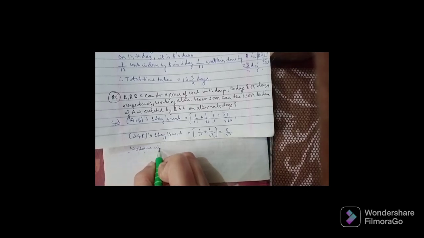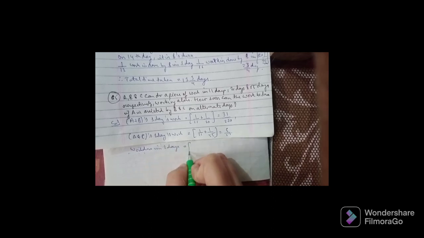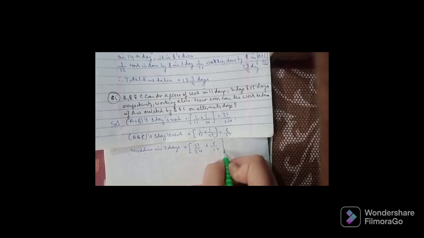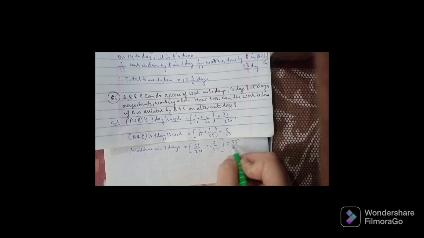Work done in 2 days equals 31/220 plus 6/55 equals 55/220 equals 1/4.